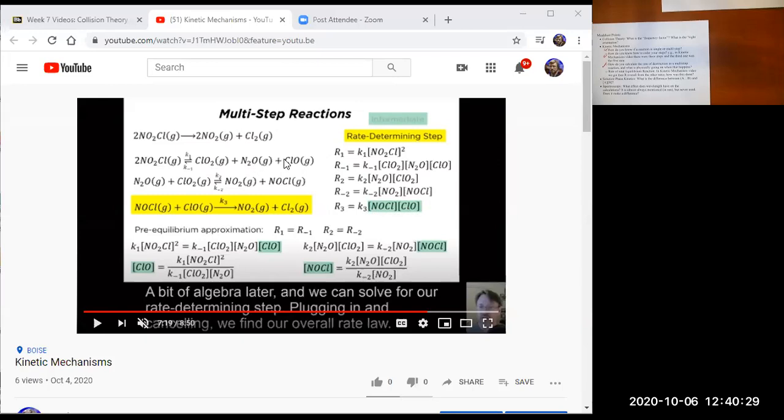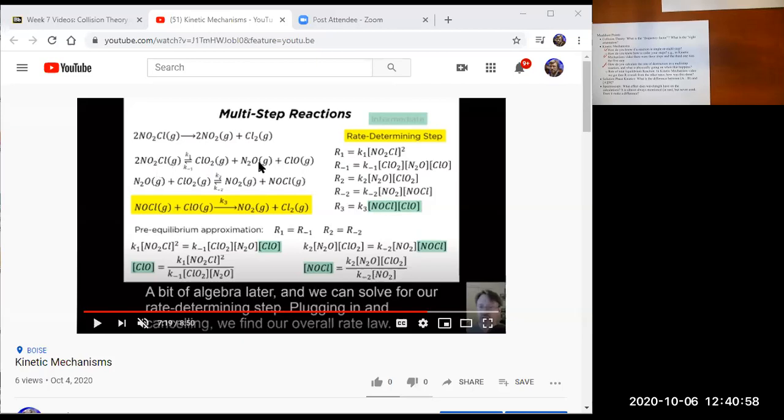So in the pre-equilibrium approximation, what we do is we say when we have an equilibrium, that equilibrium gets established, meaning that the forward reaction and the reverse reaction are happening at equal rates. This is similar to when we were talking about vapor pressure. We have rate of evaporation and rate of condensation, and dynamic equilibrium is that both of those are happening at the same rate.